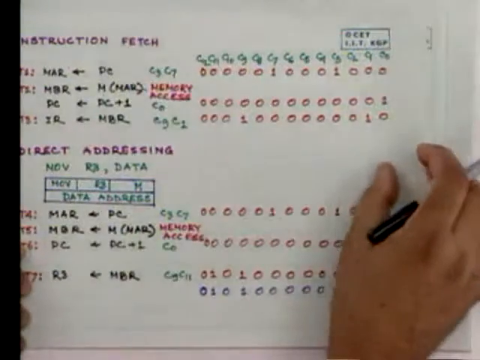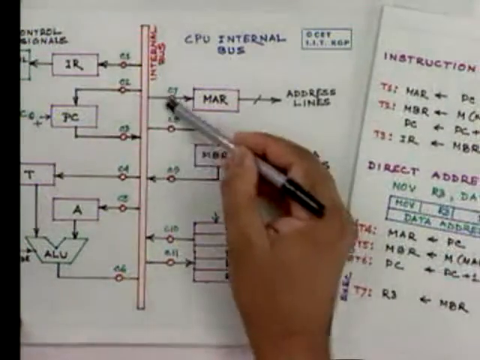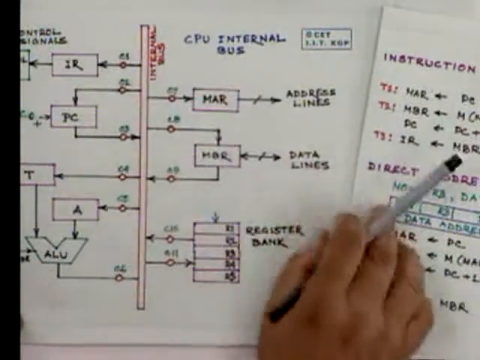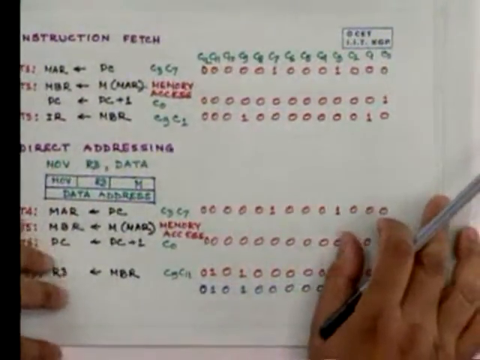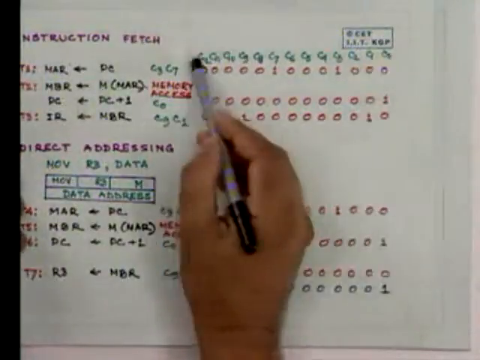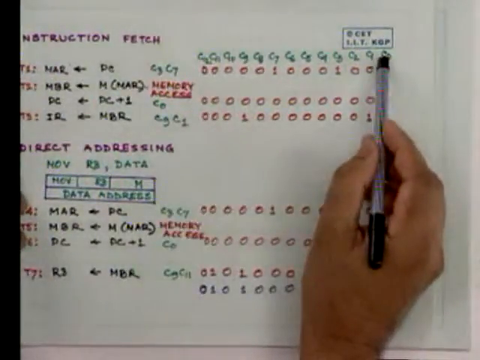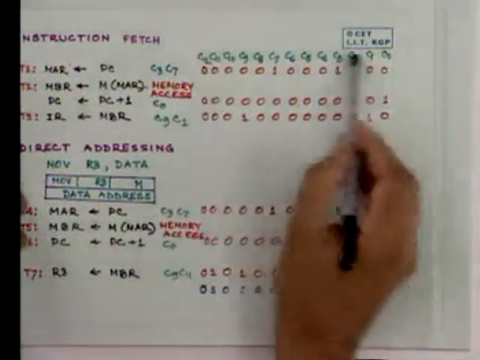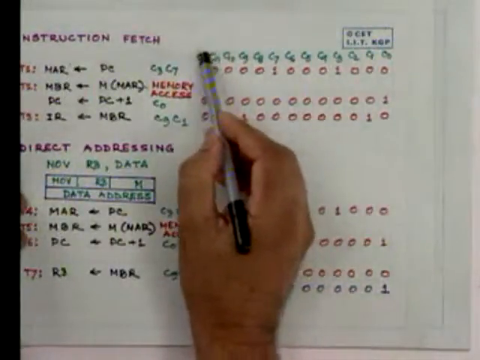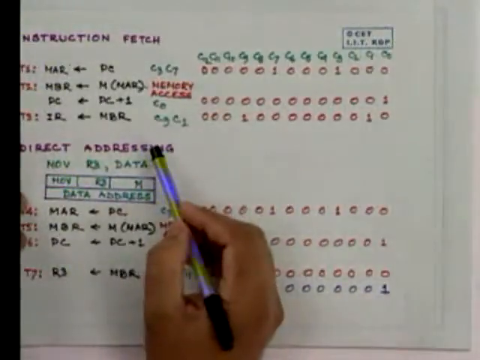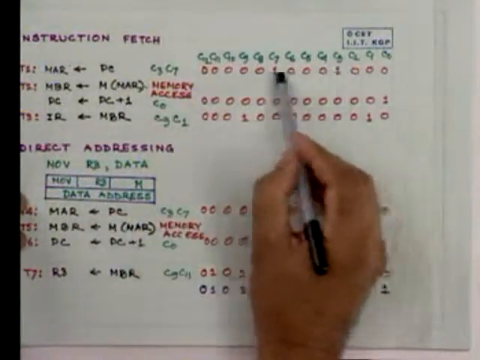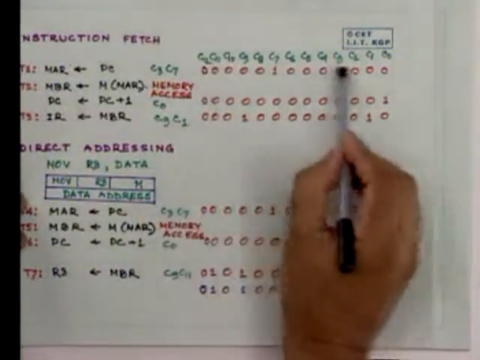Since there are altogether 12 control points in this simple system, we can talk about a control word which consists of C0 to C12, so many control bits. C3 and C7 are 1 and all the other bits are 0.